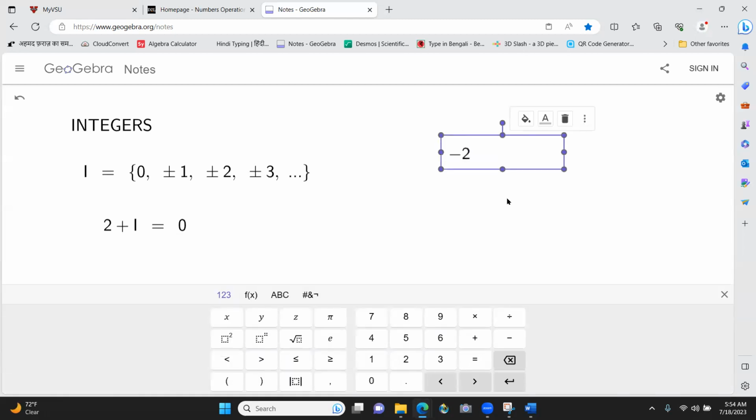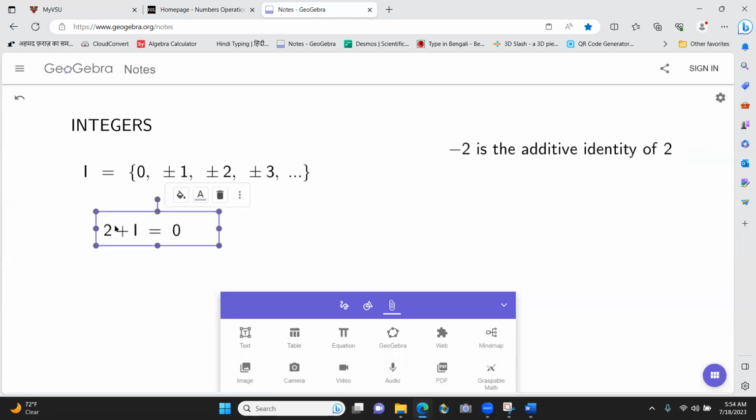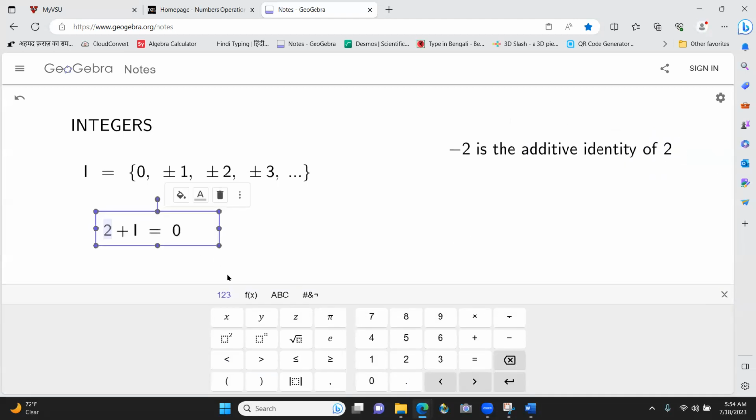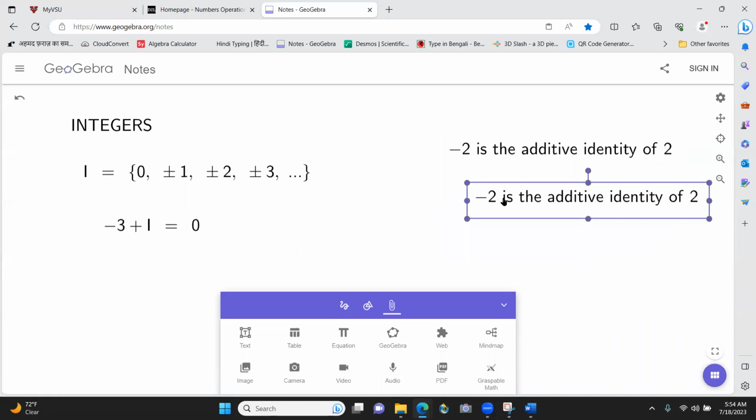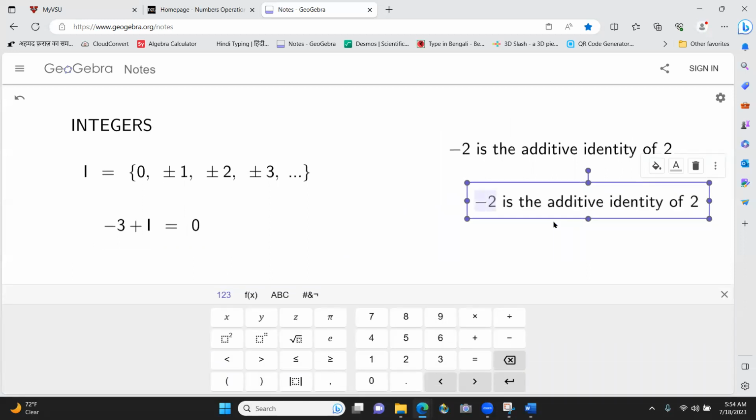-2 is the additive identity of 2. Let's try one more. So let's say you want to say -3. -3 plus what integer gives you 0? Has to be +3. So +3 is the additive identity of -3.